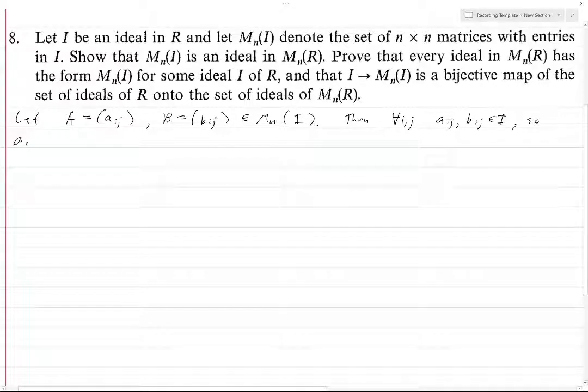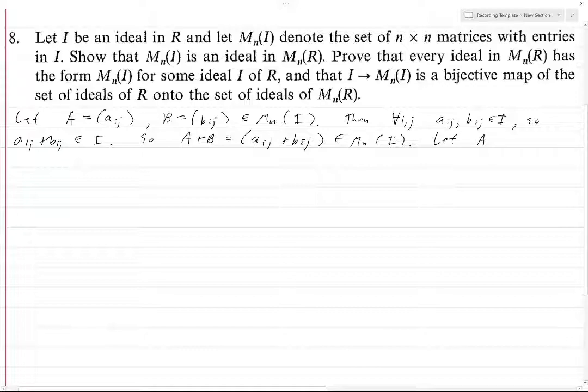So a_ij plus b_ij is in I. So A plus B is just the matrix a_ij plus b_ij, which is in M_n(I).